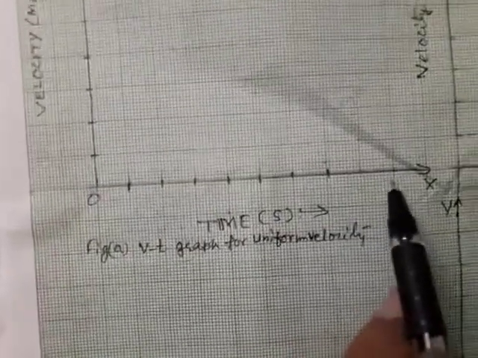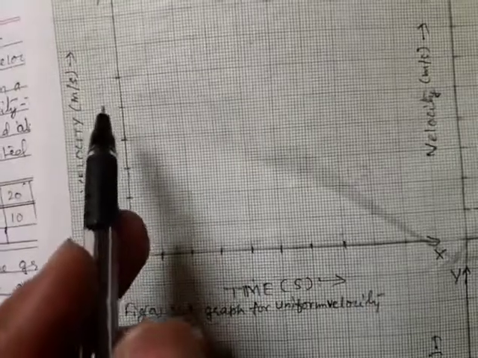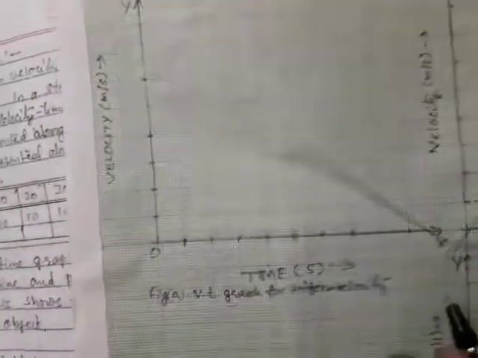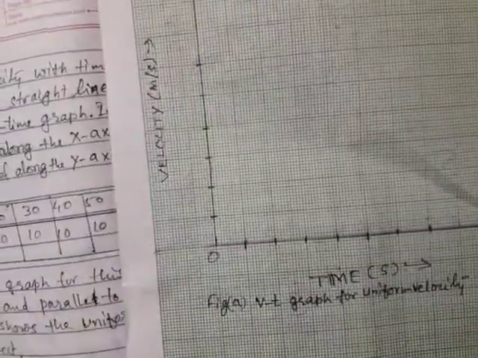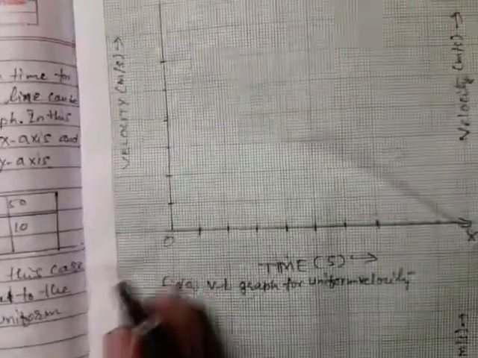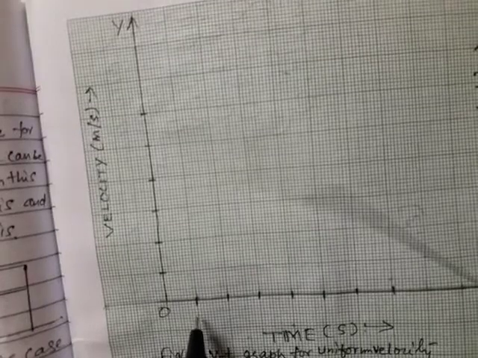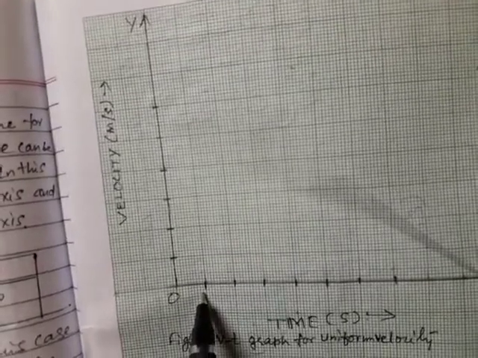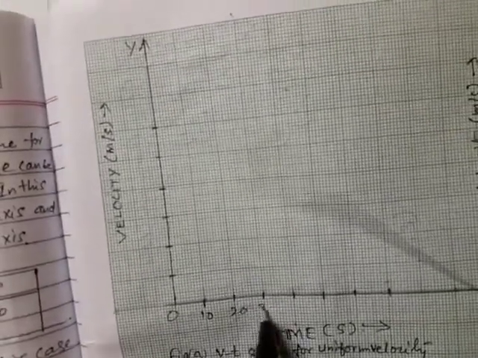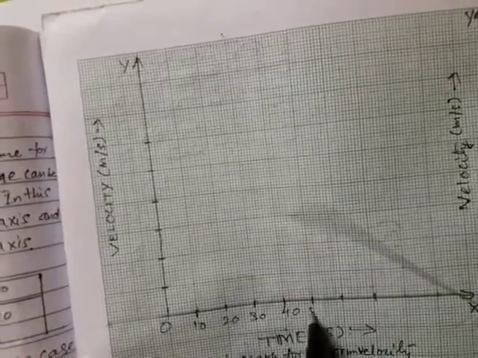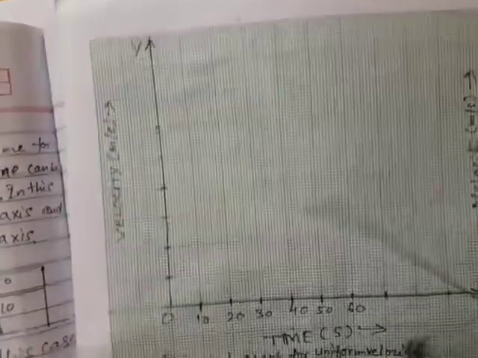I have taken the time axis as x-axis and velocity as y-axis. Now choose an appropriate scale and put the values here: 0, 10, 20, 30, 40, 50, 60, etc.